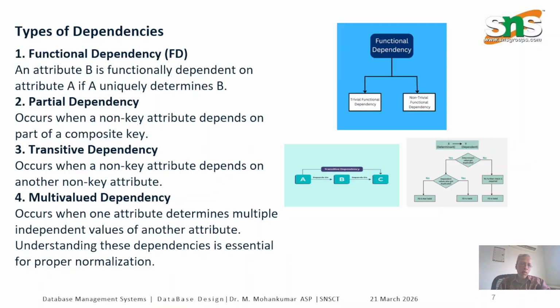For multi-valued dependency, we have a very good example. For example, we have different types of address for communicating with the user: one is a personal address, another is an office address, and another is a communication address.